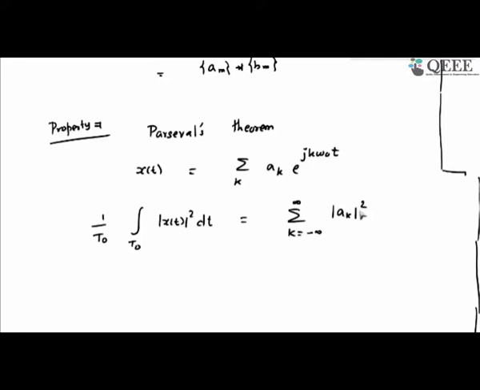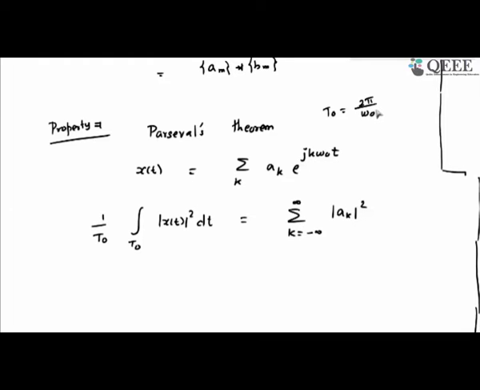So the average energy of the signal over the duration t naught is nothing but the sum of squared values of the Fourier series coefficients. Here t naught is the fundamental period, and remember that t naught is 2 pi by omega naught.